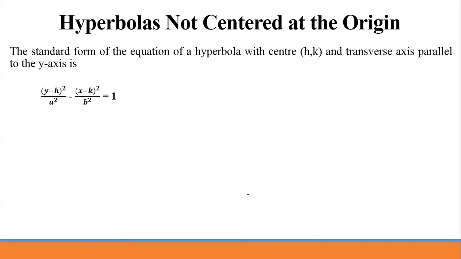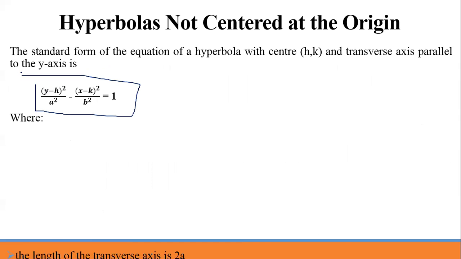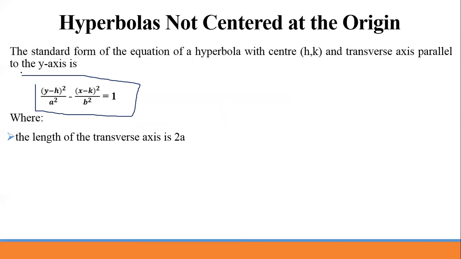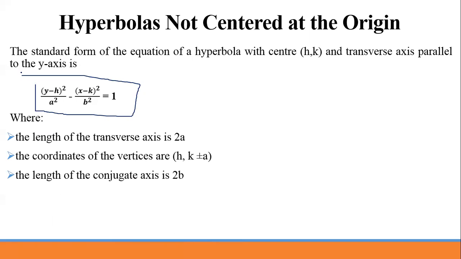The standard form of the equation of a hyperbola with center (h, k) and transverse axis parallel to the y-axis is this form, where the length of the transverse axis is 2a. The coordinates of the vertices are (h, k plus or minus a). The length of the conjugate axis is 2b. The coordinates of the co-vertices are (h plus or minus b, k).